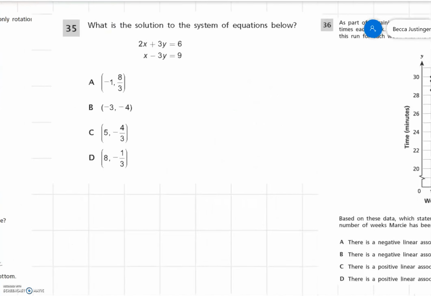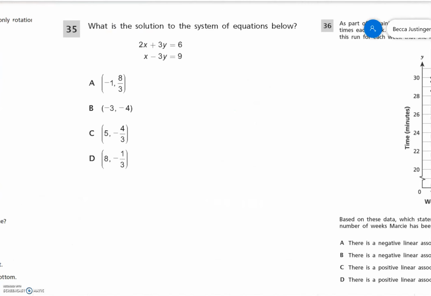Number 35. What is the solution to the systems of equations below? I'm looking at these two equations. There are multiple ways to solve systems. You could graph them, see where they intersect. You could use substitution or elimination. The way these two are set up, it is easiest to use elimination. Remember, elimination, to get rid of something. I see a positive 3y and a negative 3y.